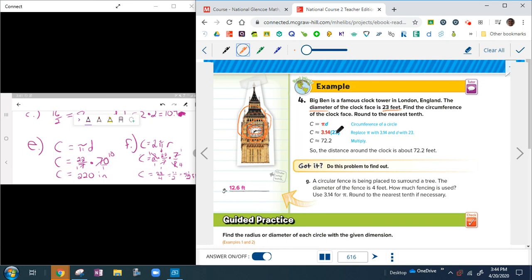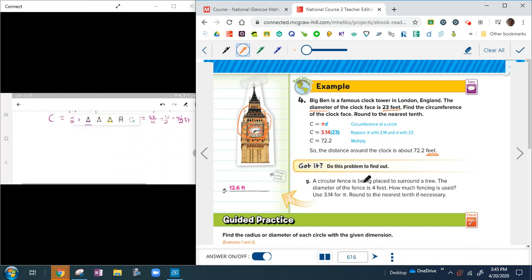Replace D, diameter, with 23 because that's what's given. And multiply. And we get our circumference that's approximately going to be 72.2 feet. Make sure you label if a unit's given. And there we go. So you can see the answer there for Got It G.